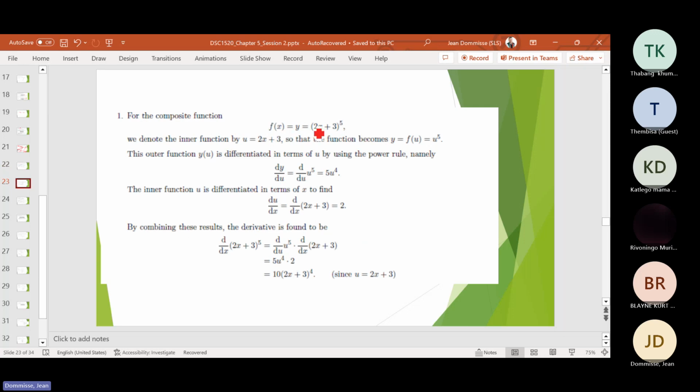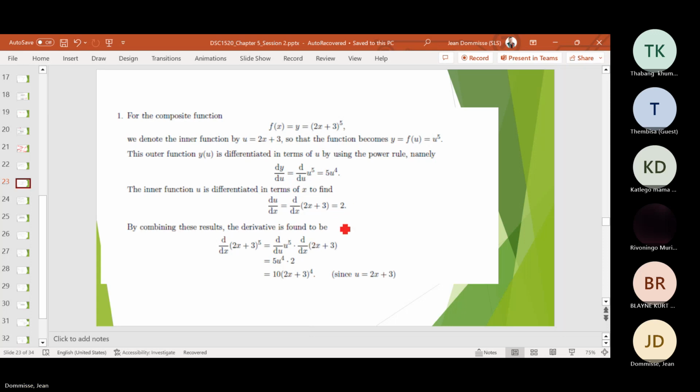Okay, so 2x plus 3 to the power of 5. What we've done is we've looked at the 2x plus 3 and said, well, that is equal to u. And then we would differentiate that. So it will become, like we also calculated, 5 to the power of 4.